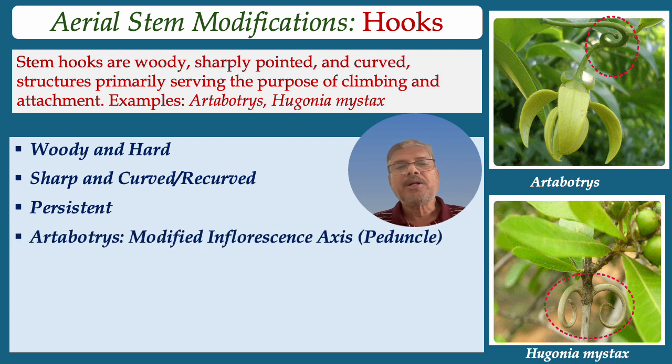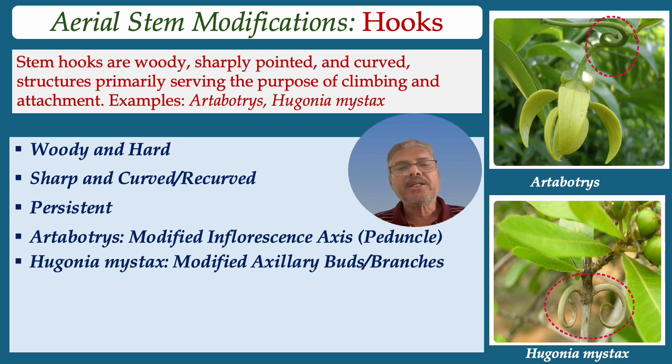In Artabotrys, the inflorescence axis, that is the peduncle, is modified into a strong woody recurved hook. Instead of developing flowers directly, the peduncle becomes a stiff curved woody hook, and this hook helps the plant to climb and anchors it firmly to the supports. Whereas in the case of Hugonia mystax, the axillary branches or branchlets are modified into pairs of woody circinate hooks.